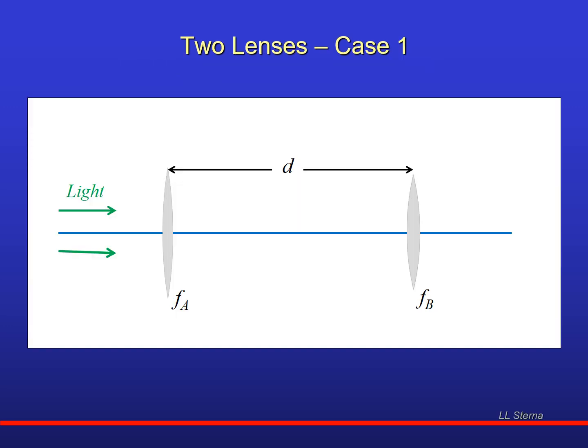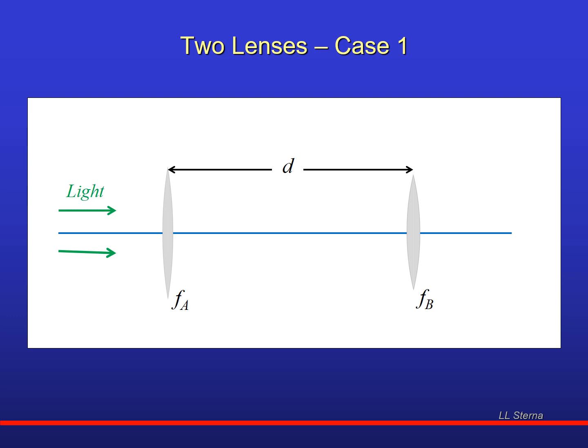Now, one little bit of preliminary information is going to help us to solve the problem. Here we have light coming from the left. You see the arrows on the left-hand side. The first lens is the lens where the light reaches first.